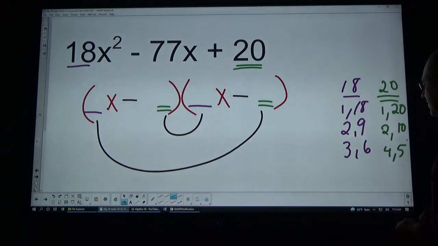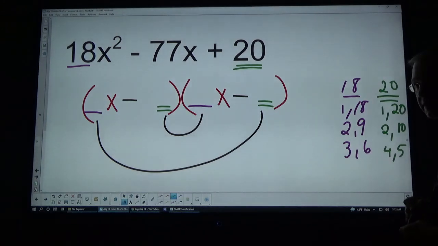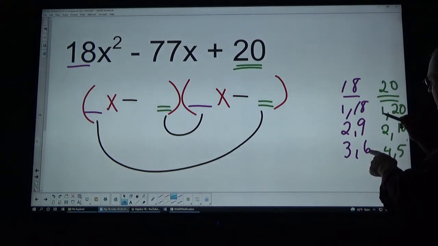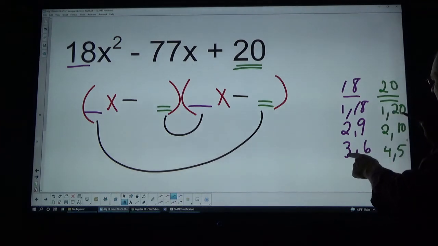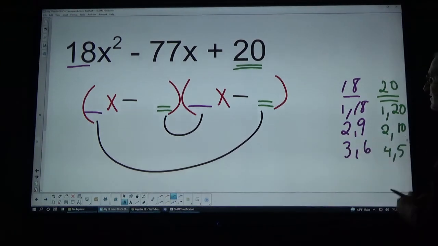Let's swap it around and try something else. How about 120? Nope, that's too big. So how about 6 and 60? Nope. All right. 9 and 60?